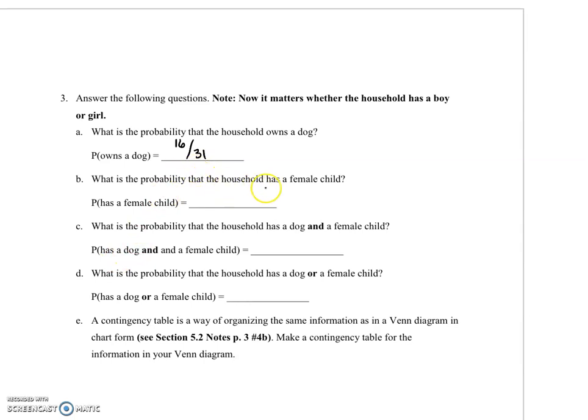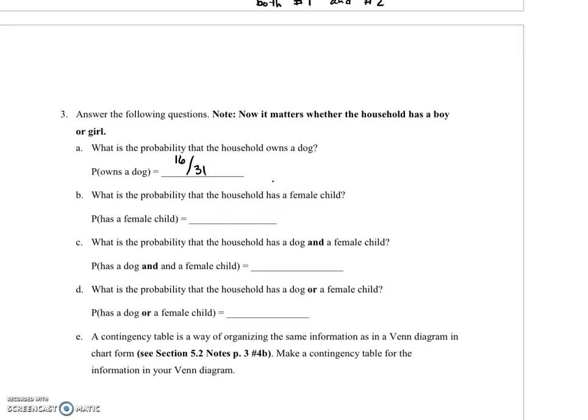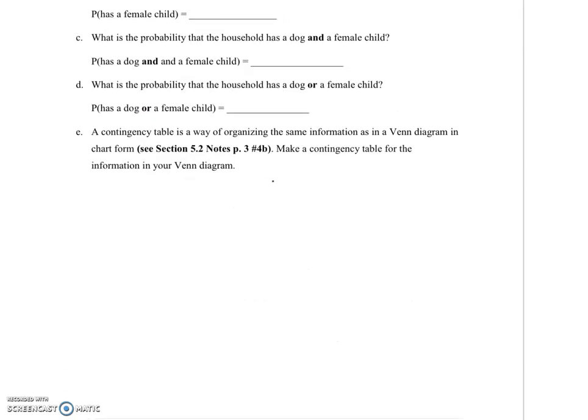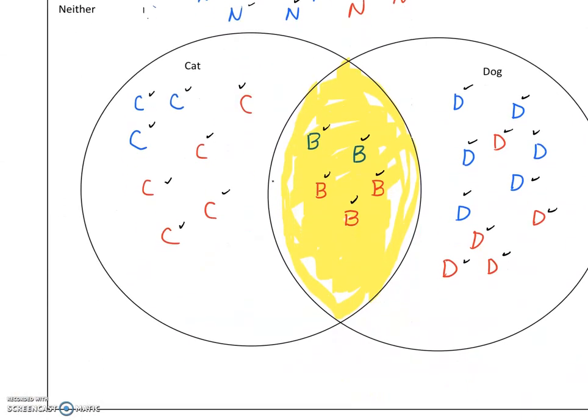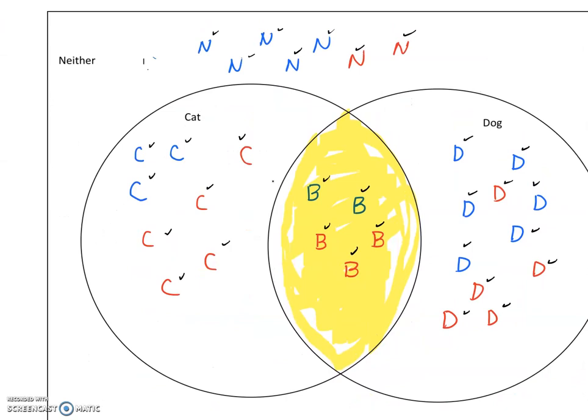So what's the probability that the household has a female child? So we need to count all the female children. So remember, the females are the letters that I've written in red here. So we have, and let's see, I will make a little blue check mark as I count them.